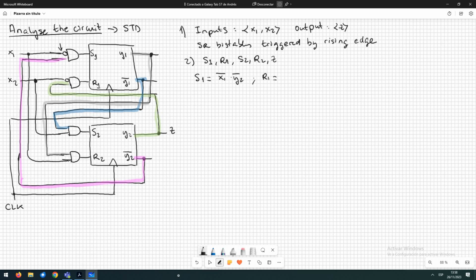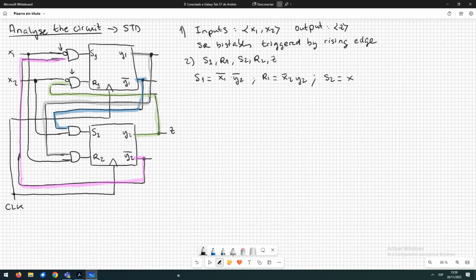In R1 we have X2 negated because we have this small circle in the input of the AND gate, and the other input is Y2, the state variable of the other bistable.